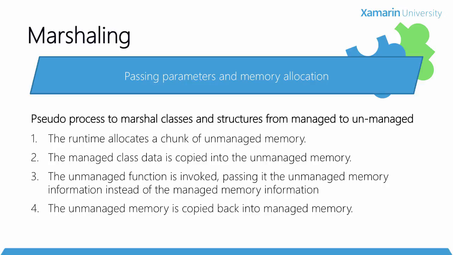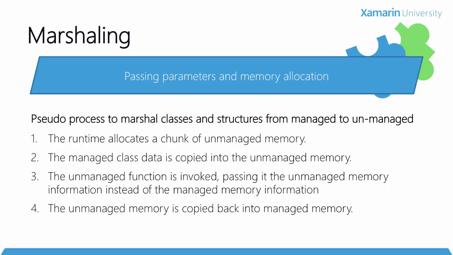The unmanaged code cannot keep a reference to this memory, and it will be freed after the call ends. Failure to pay attention to this restriction can result in undefined behavior, including memory allocation violations or even process termination. This is true for any marshaling process where the runtime allocates memory for the marshal process.